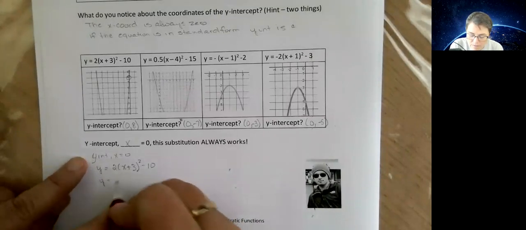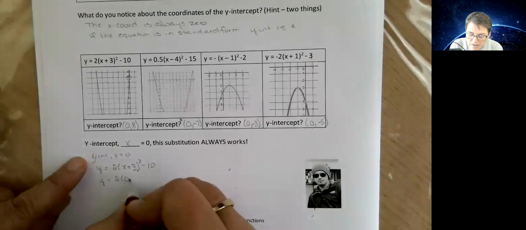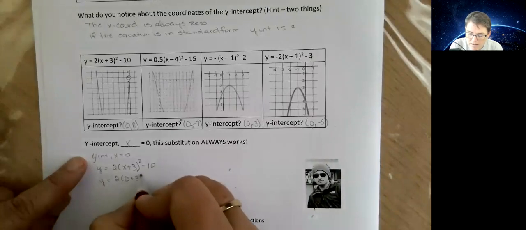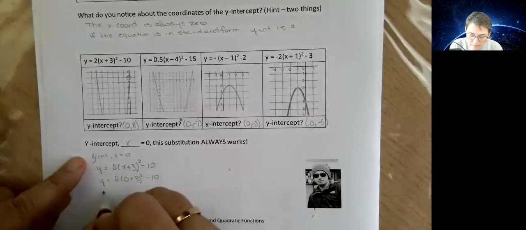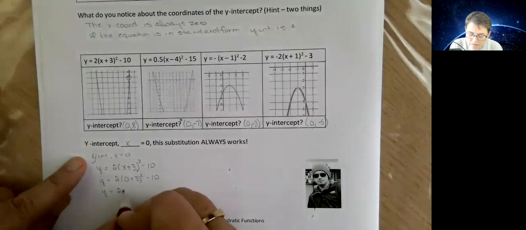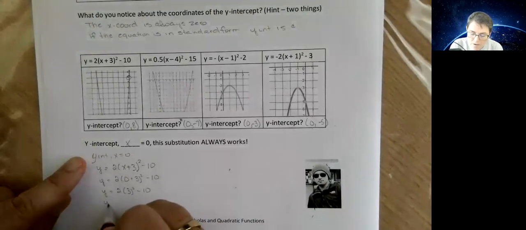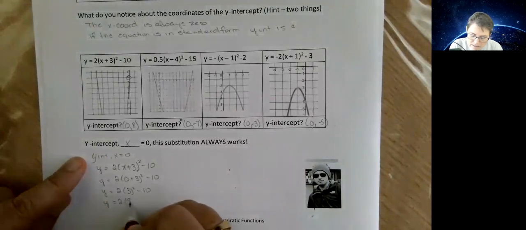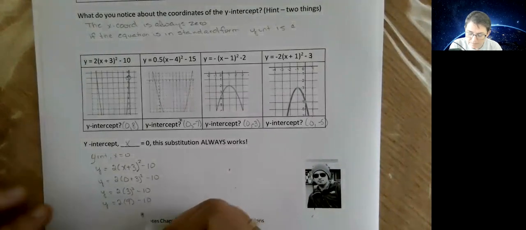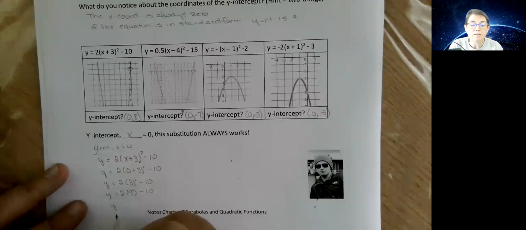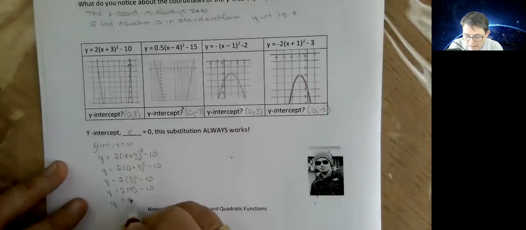So y is equal to 2 times (0 plus 3) squared minus 10. 0 plus 3 is 3, squared is 9. Y is equal to 2 times 9 minus 10, which is 18 minus 10. Y is equal to 8.